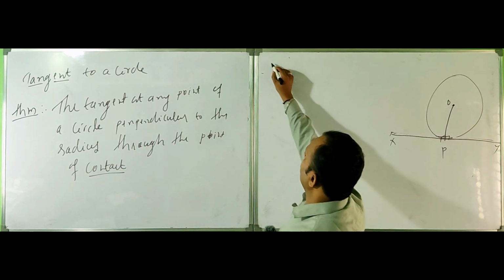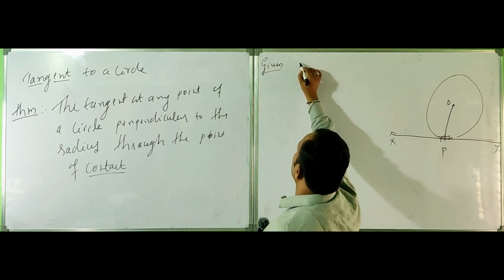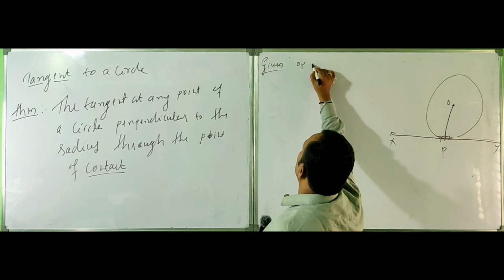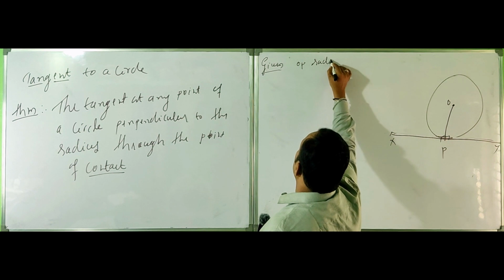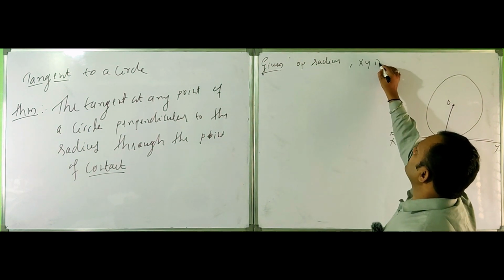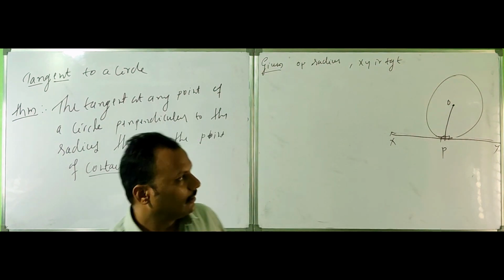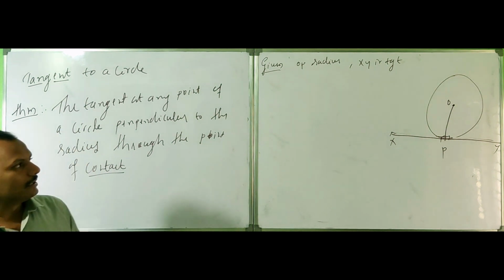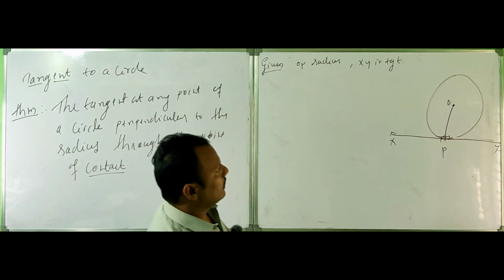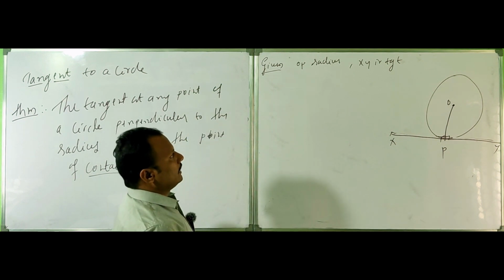Given: OP is a radius and XY is a tangent. I am writing it down. XY is a tangent and OP is a radius.